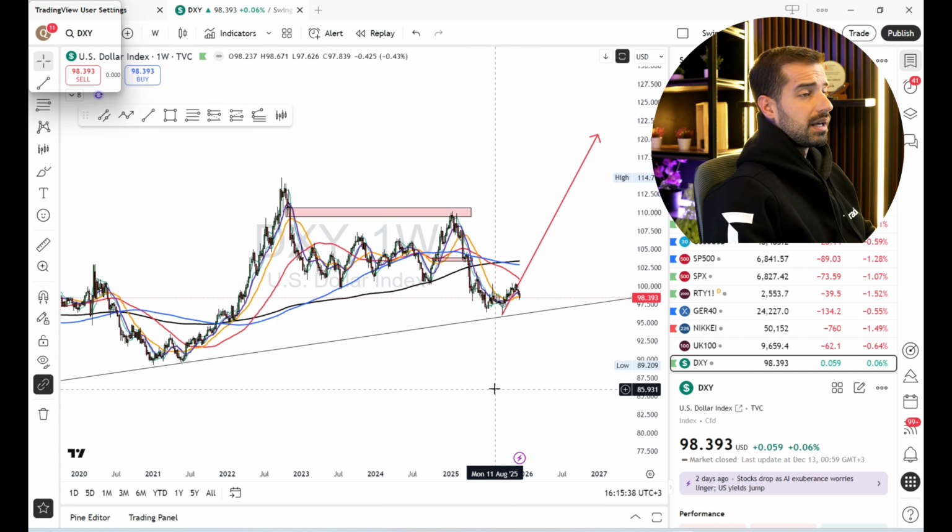So be careful and make sure that you manage risk, or even if you insist on trading, cut your risk in half minimum, because volatility will be real in this coming week and the week after.